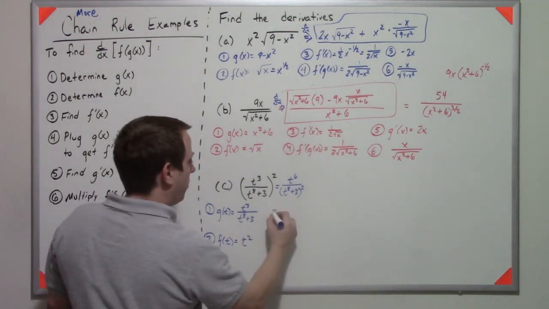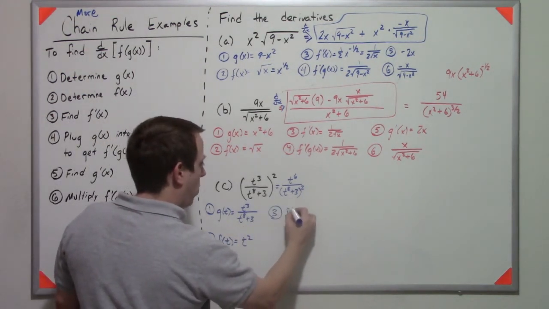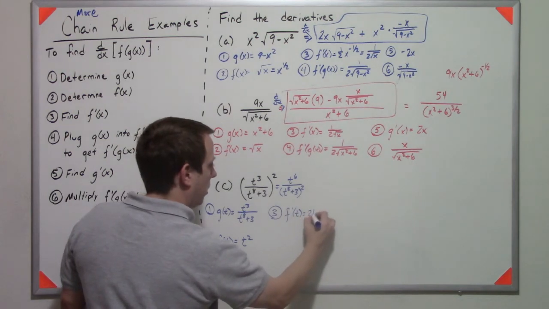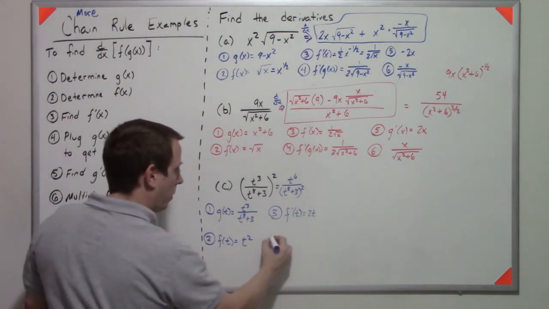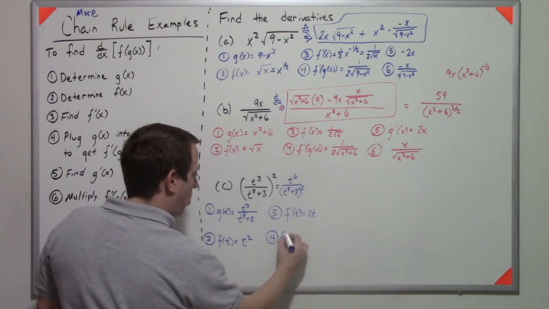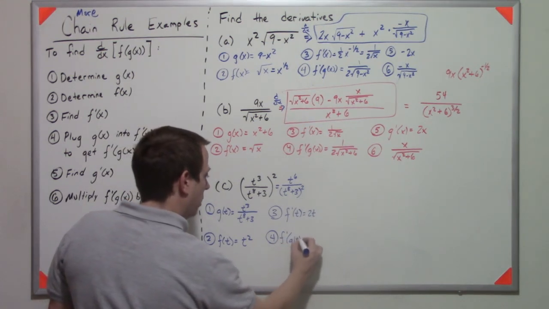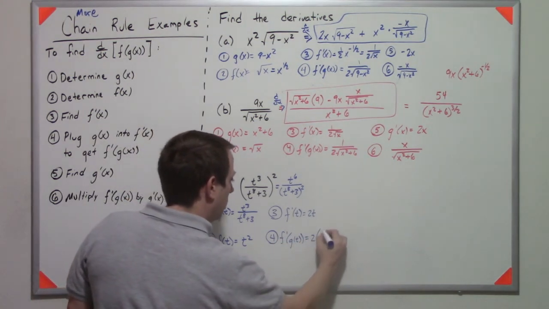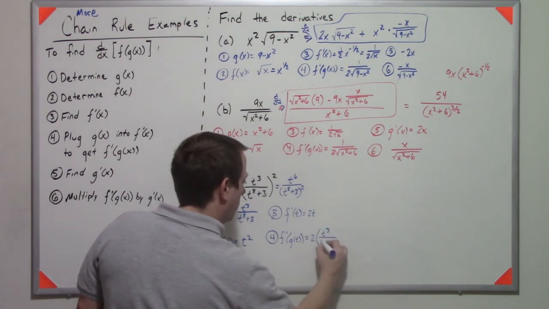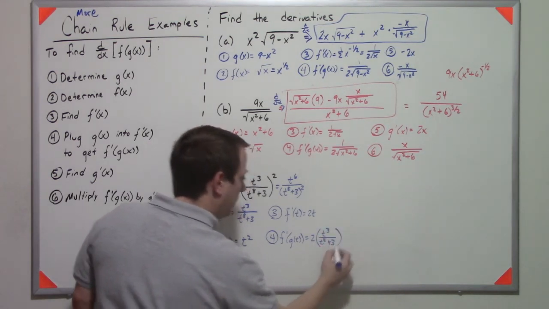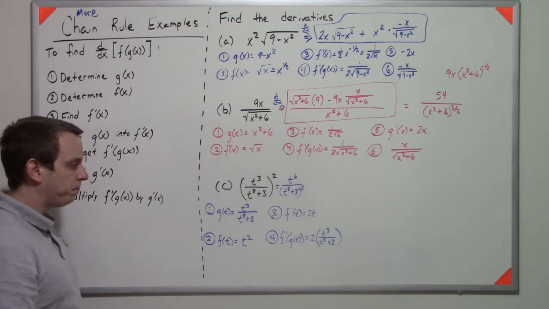So then f prime of t is 2t. So f prime at g is 2 times t cubed over t to the 8th plus 3, like so.